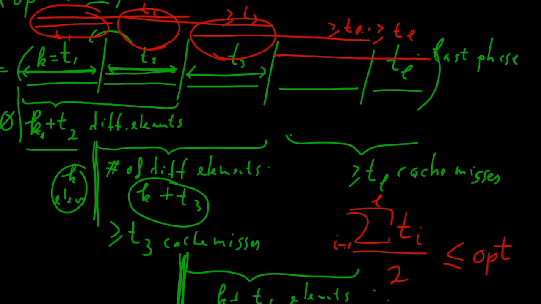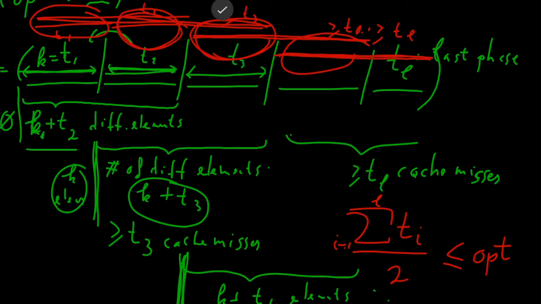Once again, if I add all the numbers, then I'm adding something which is smaller than the total number of cache misses during this interval, plus the total number of cache misses during that interval, plus the total during that interval, plus the total during this interval, and each cache miss is computed or added to the sum at most twice, because cache misses occurring here are added twice, possibly twice, cache misses occurring there are added twice, and so on.